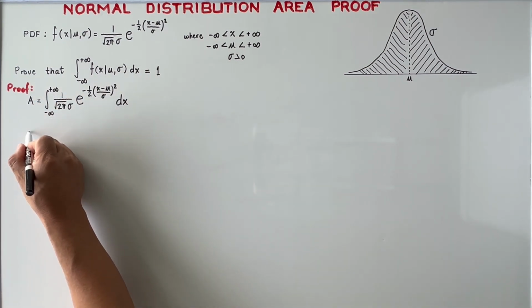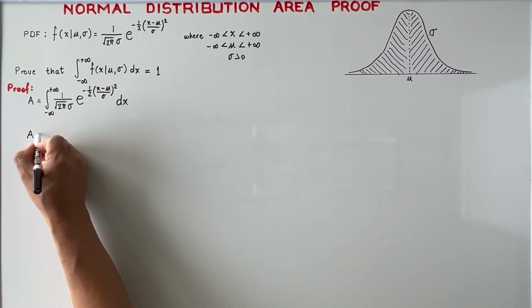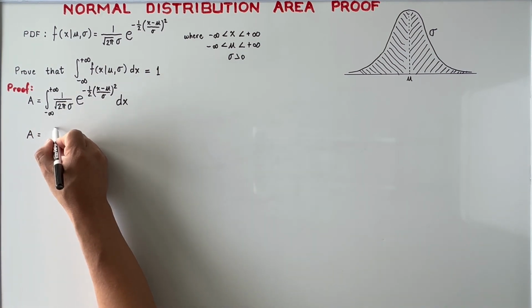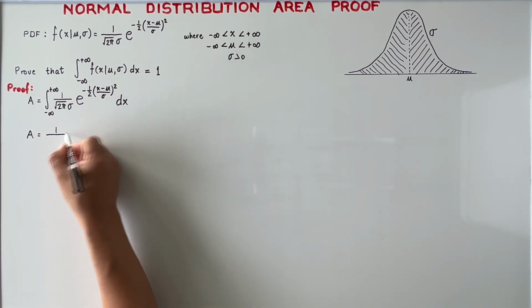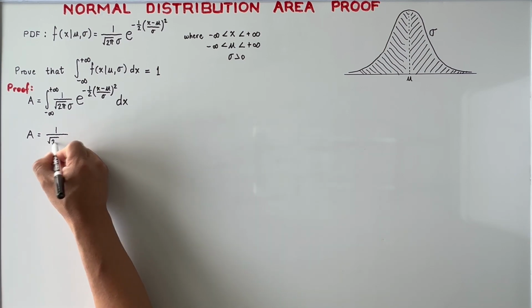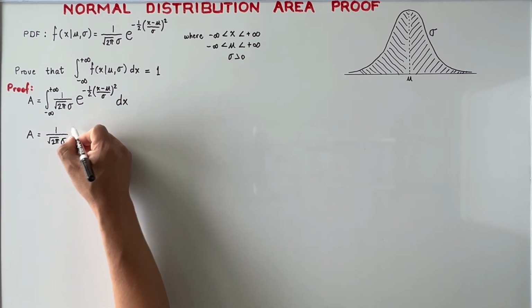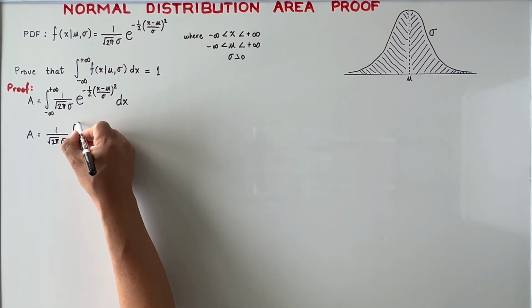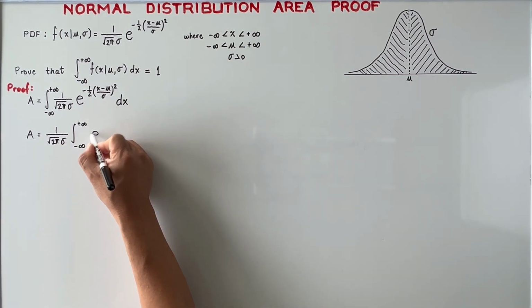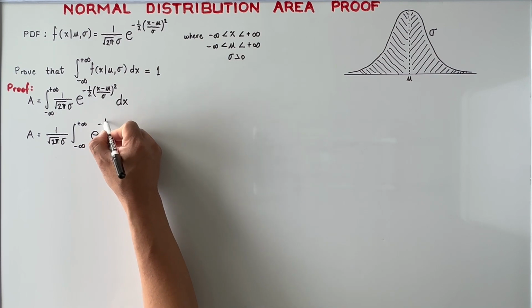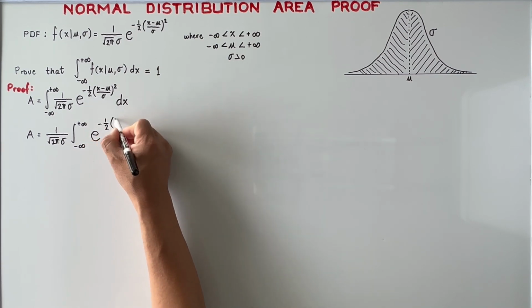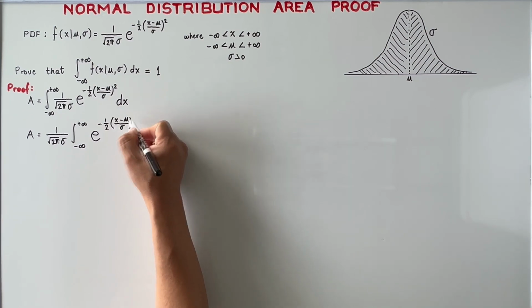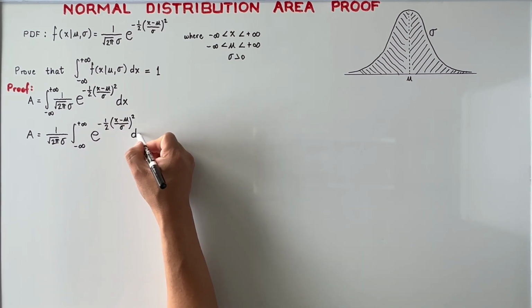So to integrate, we would like to factor out this constant, because this is just a constant. So factor it outside the integral symbol. So this is the integral from negative infinity to positive infinity of e to the power of negative 1/2 of (x minus mu) all over sigma, squared, dx.